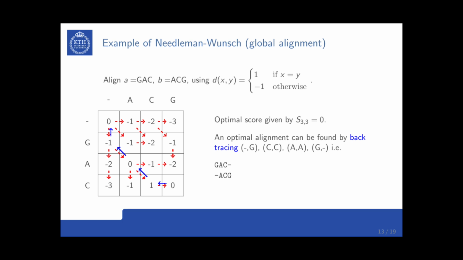So now we make use of these red arrows that we draw. And these will now be in turn reached by a gap with a G, a C matching a C, an A matching an A, and a G matching a gap.